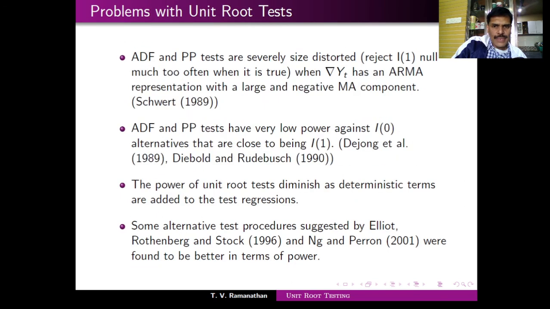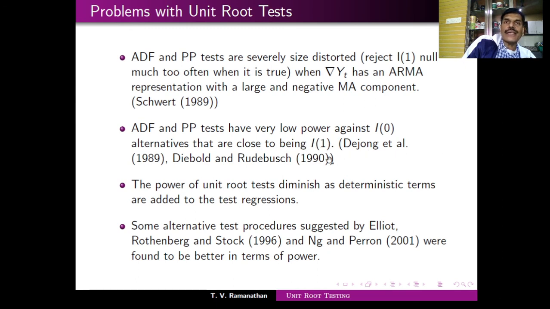Now some problems which we were talking about. ADF and PP tests are severely distorted in size when the process has an ARMA representation with a large and negative MA component. You get a more negative MA component if you simply take p to be very large, so you have a problem there. And ADF and PP tests have very low power against I(0) when the process is close to being I(1).